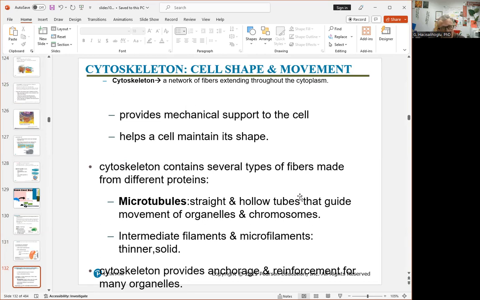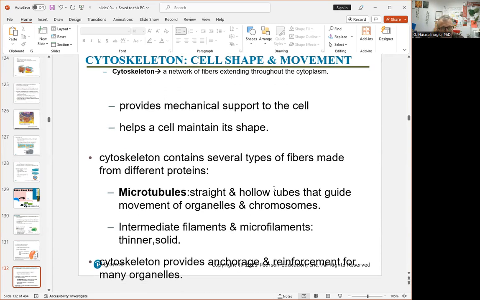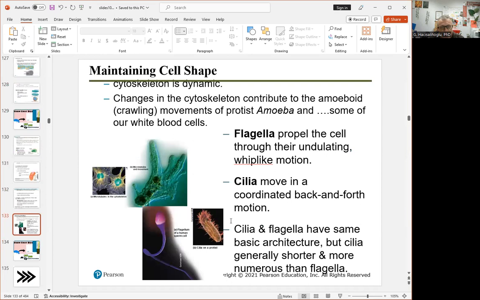So the cytoskeleton we see in both animal and plant cells, like a networking thing which basically has microtubules and intermediate filaments. As you see in this picture, they provide shape to the plant cell or animal cell.